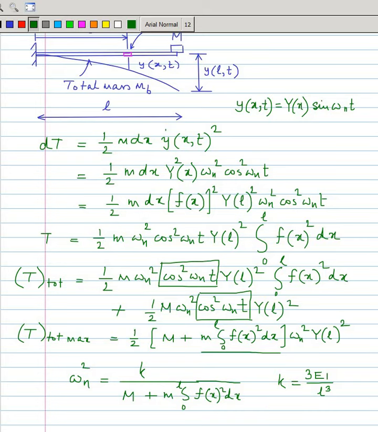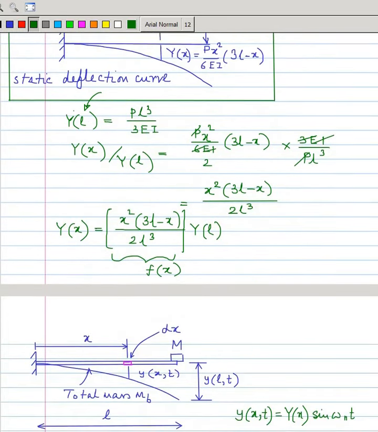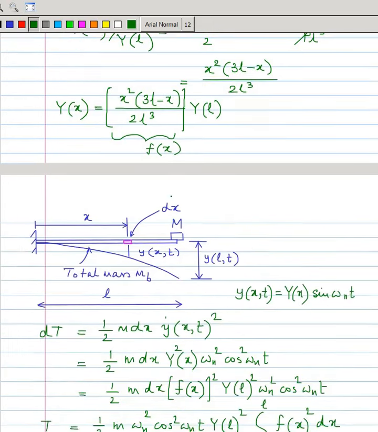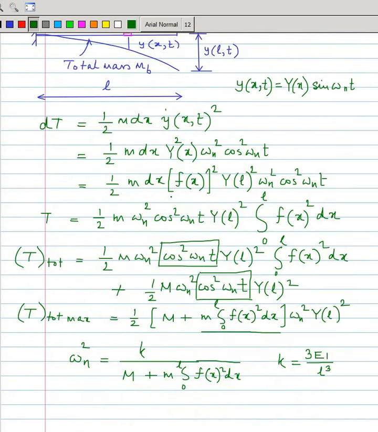Because for a beam, if you give a force, the deflection at this point is delta equal to PL cube by 3EI, so P by y_L is equal to 3EI by L cube. So for the stiffness you can take 3EI by L cube. This is the correction term you add.